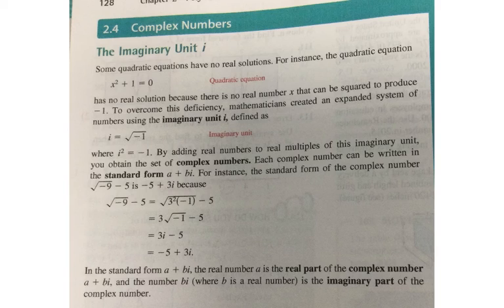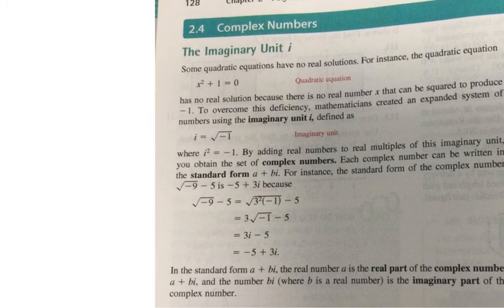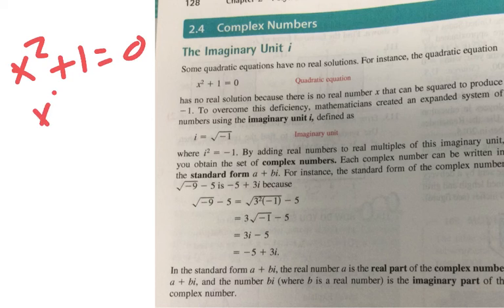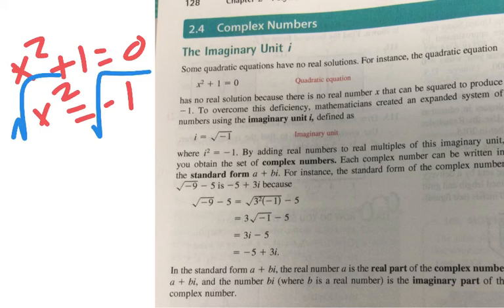So it says some quadratic equations have no real solution. For instance, the quadratic equation x squared plus 1 equals 0 has no real solution because there's no real number x that is squared to produce negative 1. So if you take this equation, x squared plus 1 equals 0, and you solve it, I subtract 1, and then we take a square root of both sides, then we get x equals plus or minus the square root of negative 1.